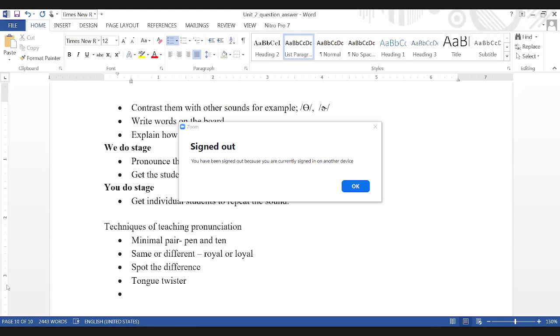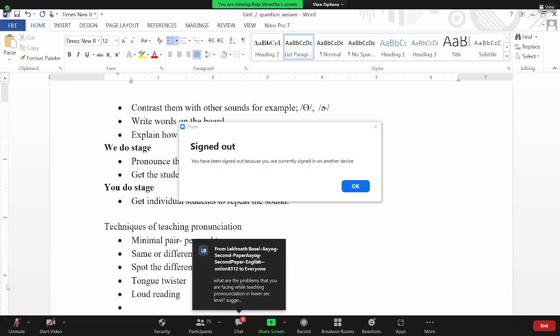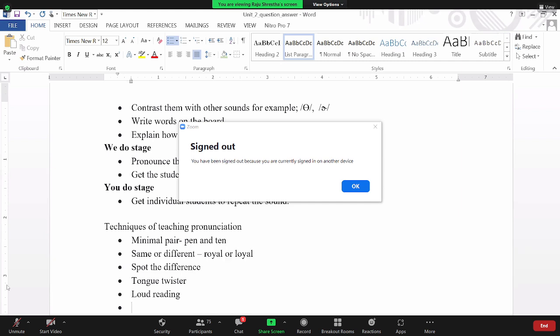Then loud reading also you can do. Loud reading, pronunciation. We read loudly, and students listen. So there are many activities we can use while teaching pronunciation. Modeling also we can do.